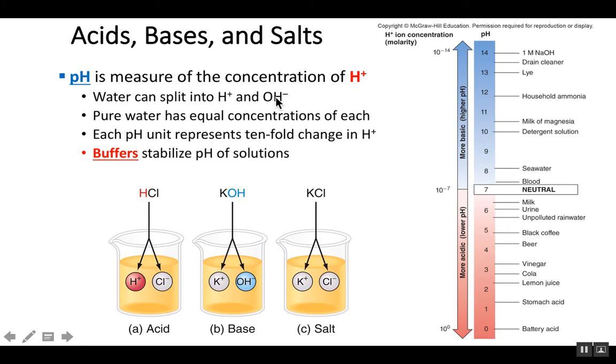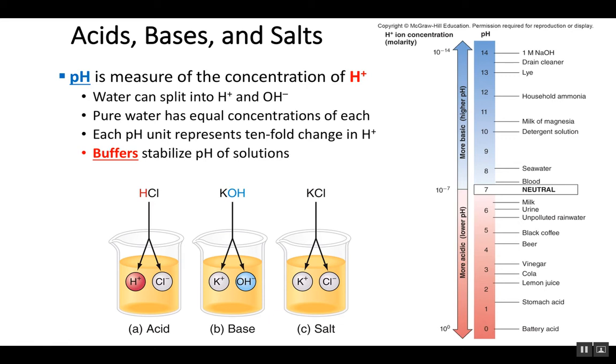Therefore, water is neutral. If you have hydrogen ions, you're acidic. If you have hydroxyl ions, you're basic. And this is a scale. You can see the scale here on the side. 7 being neutral, that's pure water. You go below 7, you become more and more acidic because you have more and more protons released.